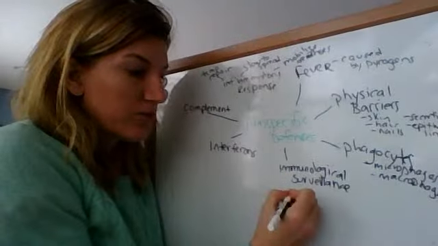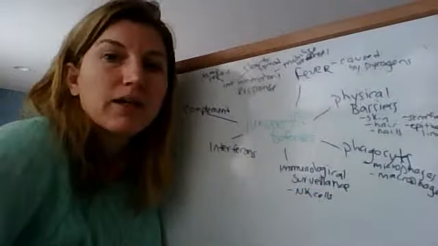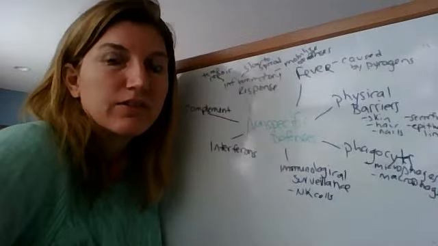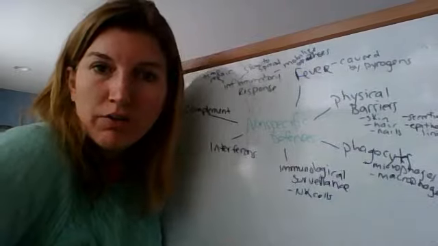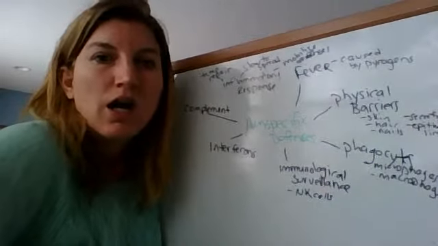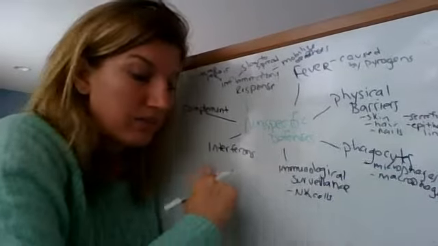For immunological surveillance, these are those natural killer cells. Right, we talked about them last time. Those are the cells that go through and fight virus-infected cells or cancer cells. They're on their own. They don't call any other troops into action, but they're just out there on patrol, or surveillance.